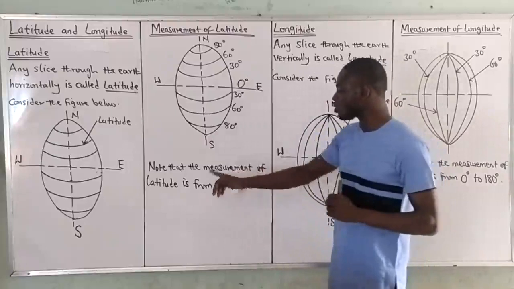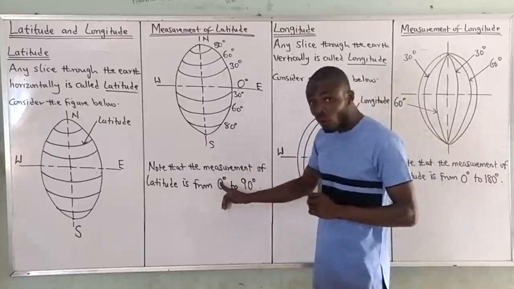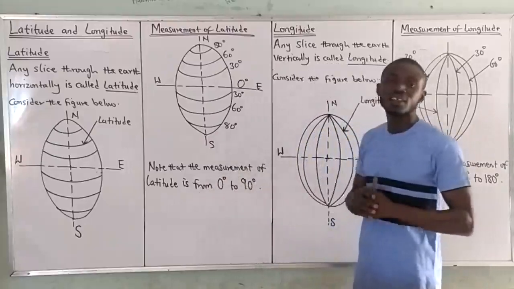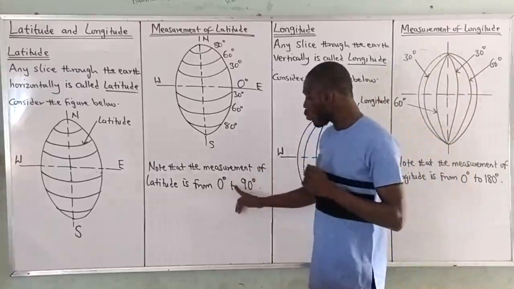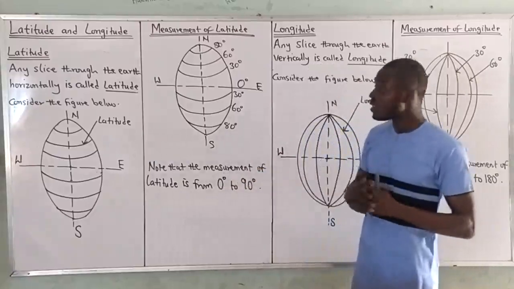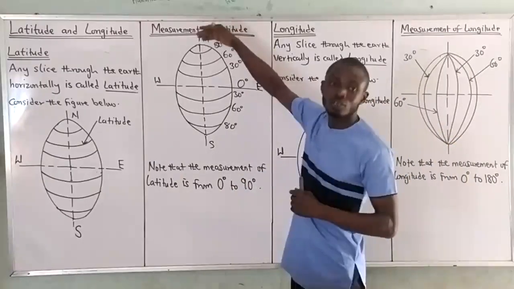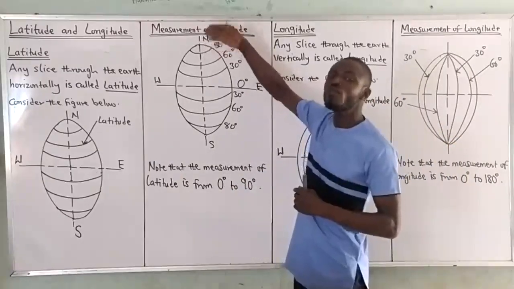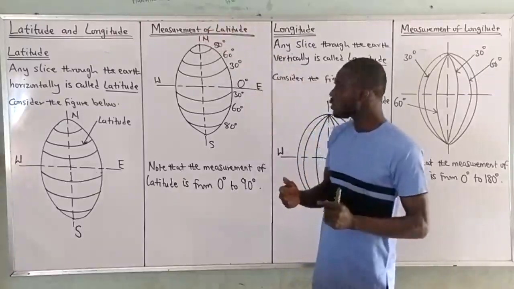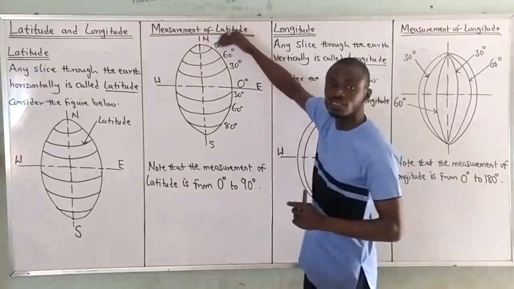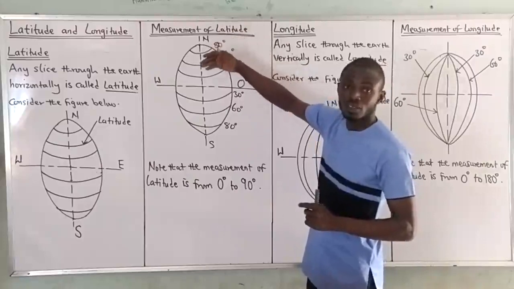The measurement of latitude is from 0 degree, which is at the equator, to 90 degrees. That is why I will not have like 120 degrees or 150 degrees for latitude. That is why it is 30, 60, 80. I can have like 85, I can have like 89.